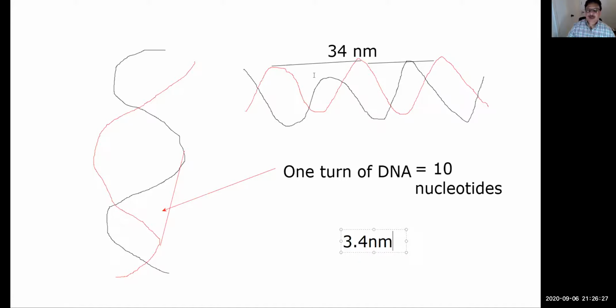Meaning that in one turn, there are 10 nucleotides. The total length of one turn is 34 nanometers, and the distance between two adjacent nucleotides is 3.4.